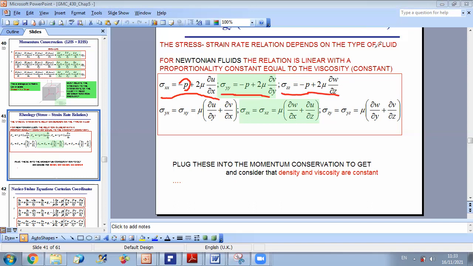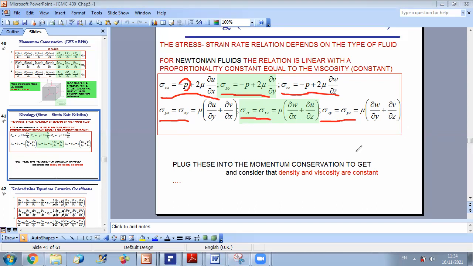Now, in case of a Newtonian fluid, you have that sigma yx equals sigma xy equals mu times del u by del y plus del v by del x. And sigma zx is equal to sigma xz equals mu times del w by del x plus del u by del z. And also sigma zy is equal to sigma yz equals mu times del w by del y plus del v by del z.